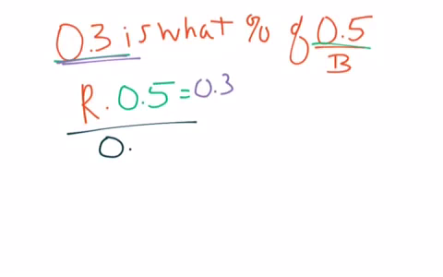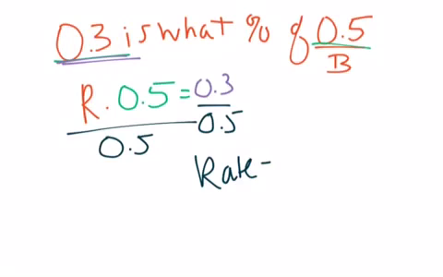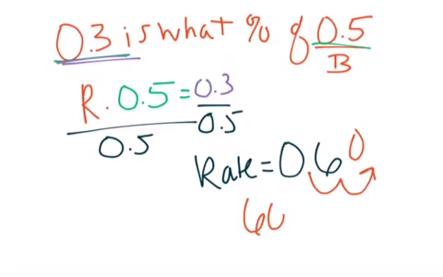Divide by 0.5 on both sides. Rate is going to equal 0.6. Move that decimal place over 2 times, add a percent sign. So 0.3 out of 0.5 would be 60%.